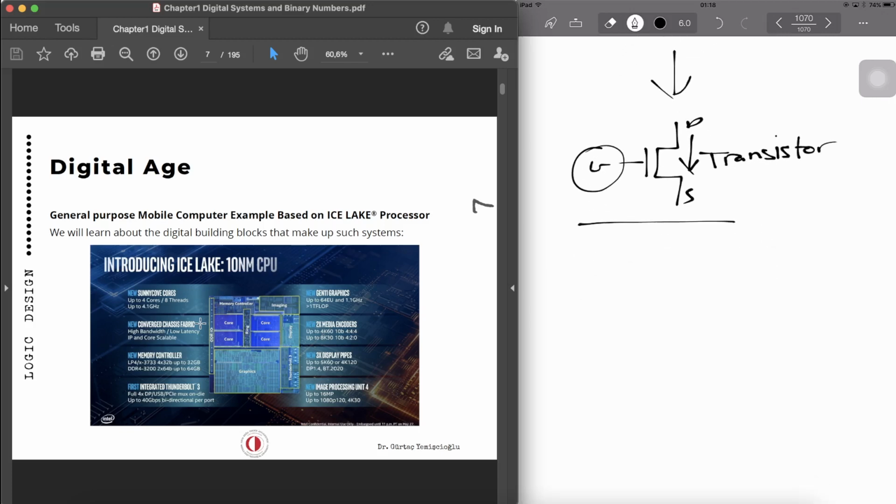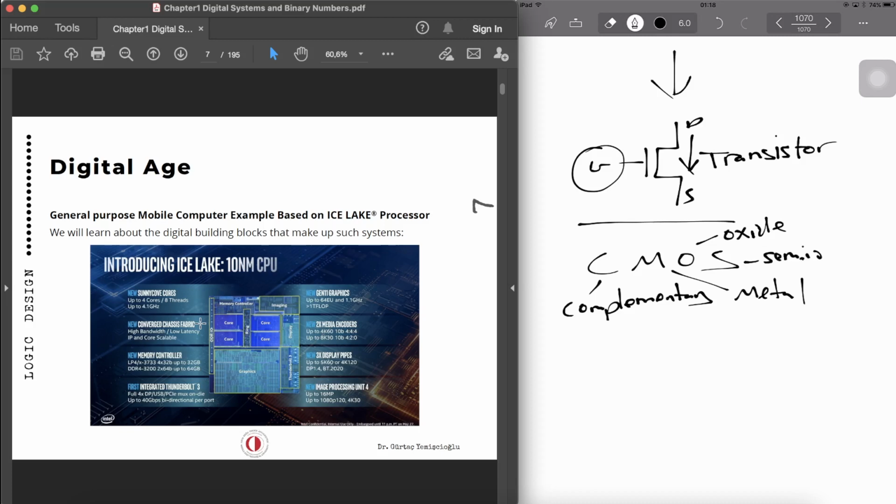And we have got actually two types of transistors. That's why we call them CMOS, which is known as complementary metal oxide semiconductors.